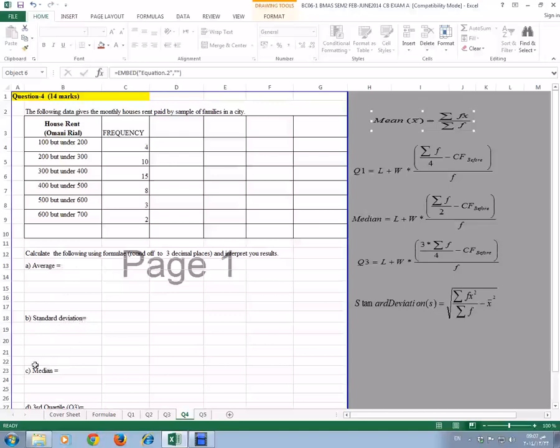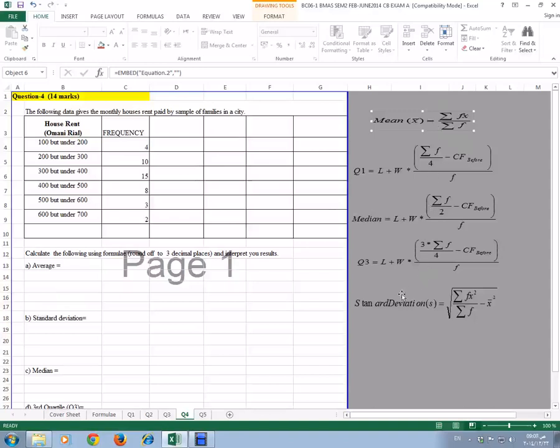variance, or first quartile. So make sure that you know also to calculate the other measures of location and measures of dispersion for group data.